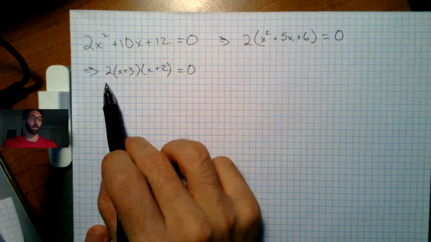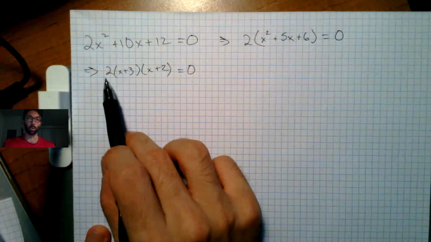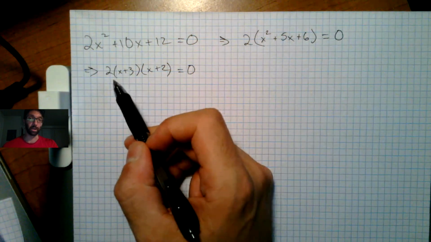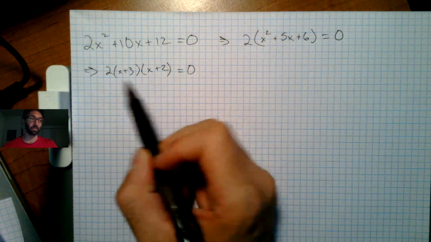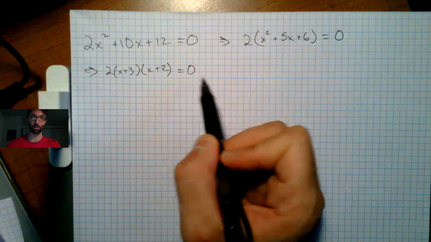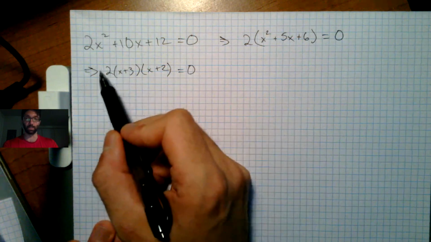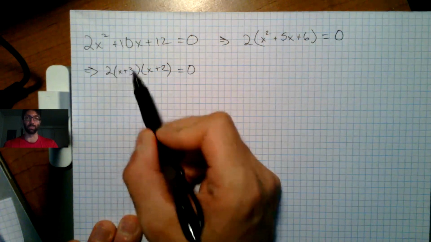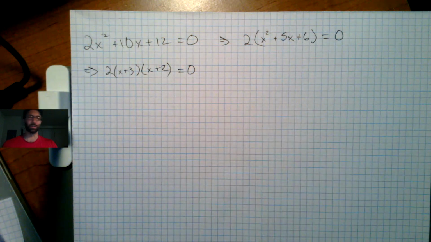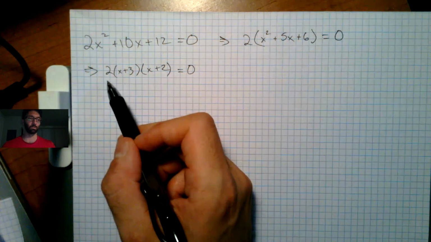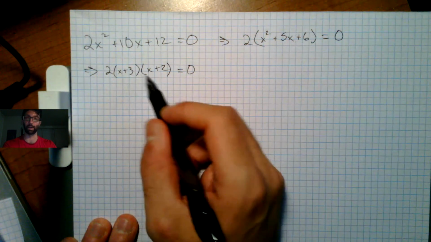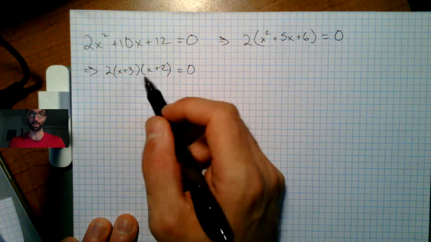Keep in mind that this 2 plays no role in the zero product property, because the zero product property says that if this times this times this equals 0, then either this needs to be 0, this needs to be 0, or this needs to be 0, in order to make that true. But 2 can't be 0. So we're just going to ignore the 2 and pretend that either of these needs to be 0.